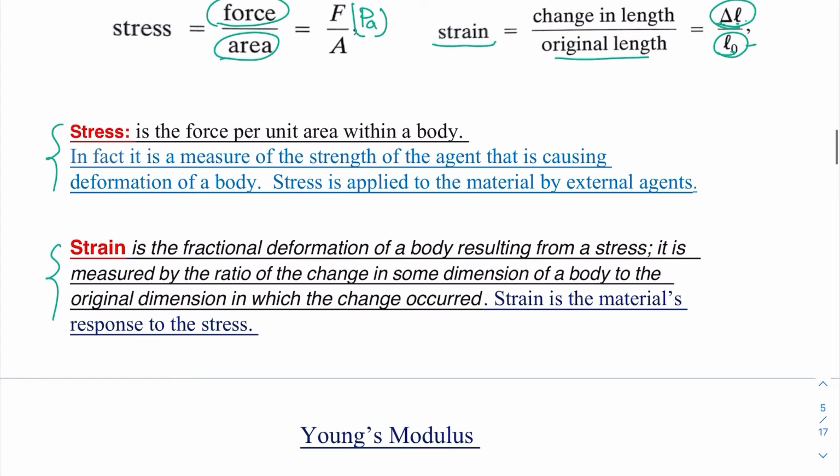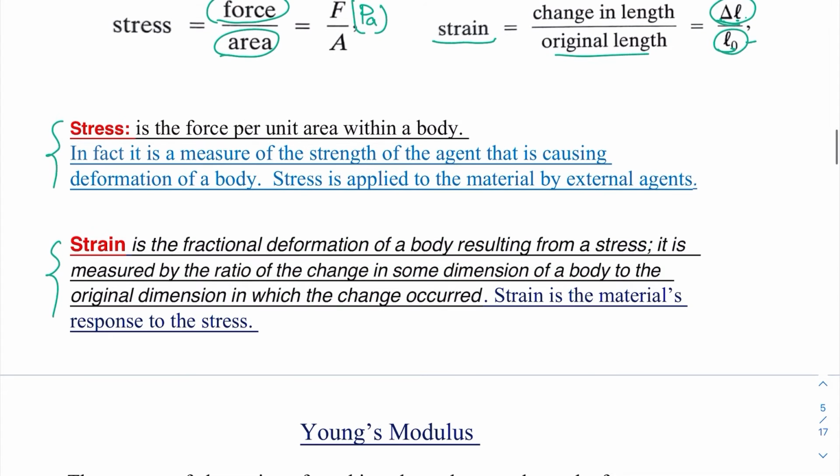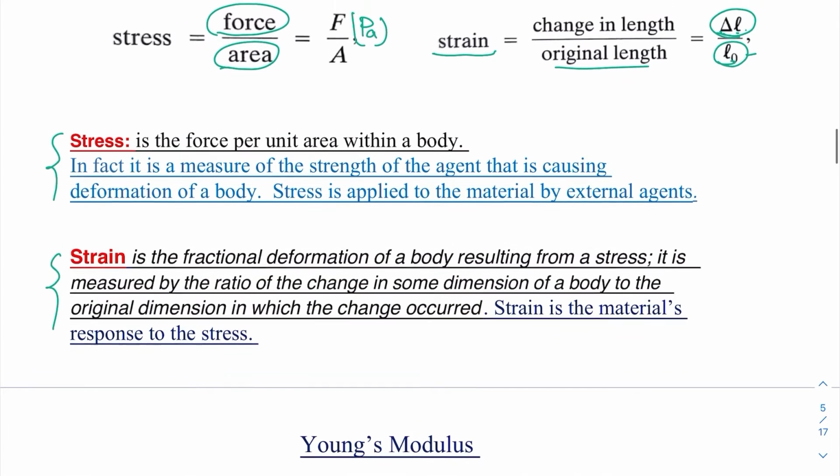And strain is the fractional deformation of a body resulting from a stress. It is measured by the ratio of change in some dimension of a body to the original dimension in which the change occurred.